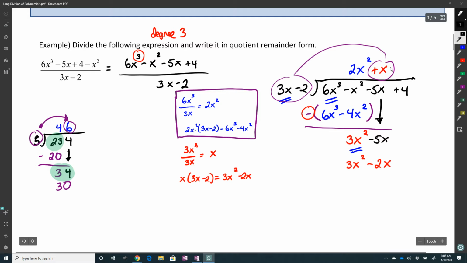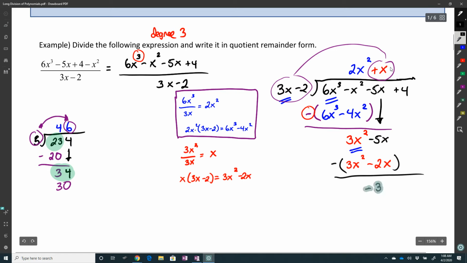Again, we subtract. Be sure to subtract the whole thing, meaning that there could be double negatives. 3 minus 3 is 0. Negative 5 plus 2, because remember there's a minus on the outside, minus a negative. Sorry, negative 5 plus 2 is negative 3.